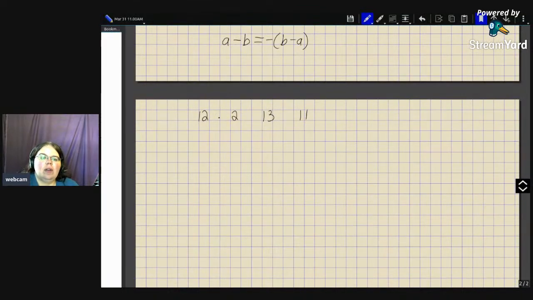Okay, so the 12 could go with the 2, or with the 13, or with the 11. Let's try putting the 12 with the 2. And we can do that different ways.